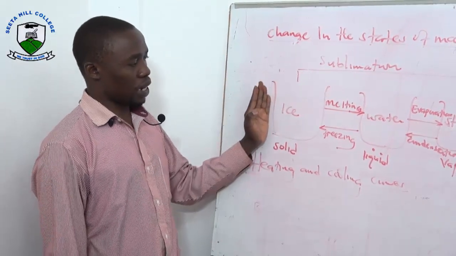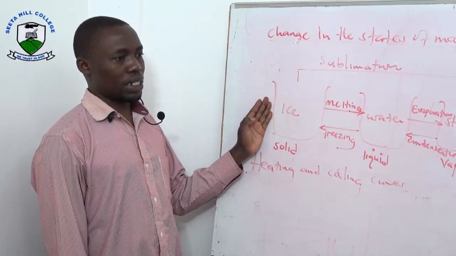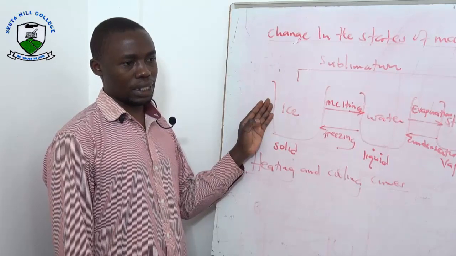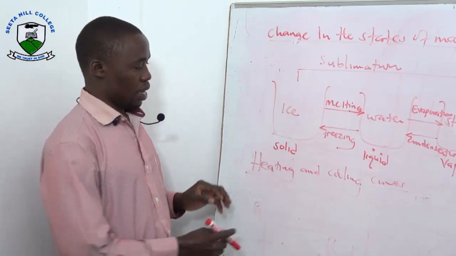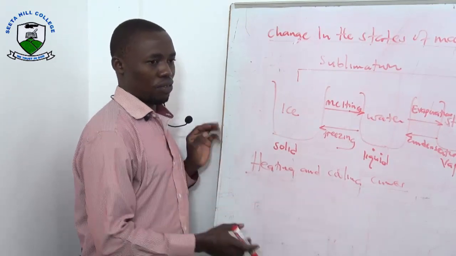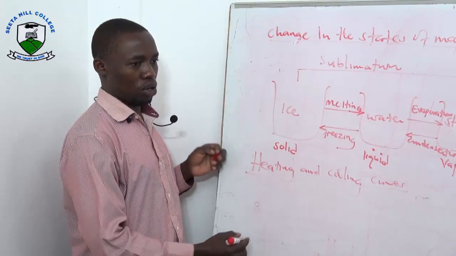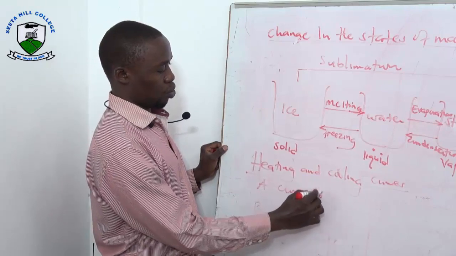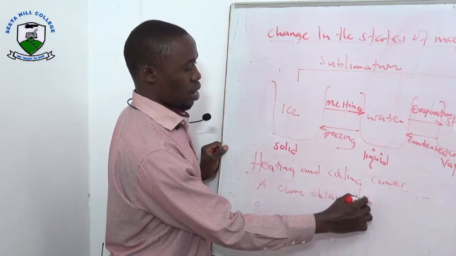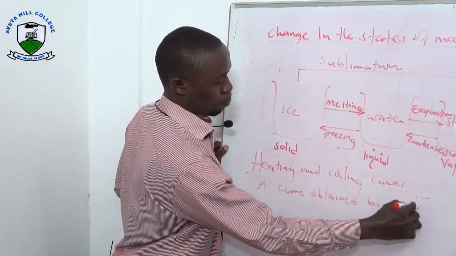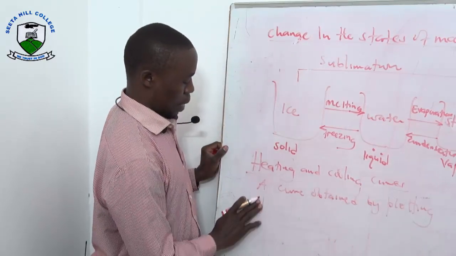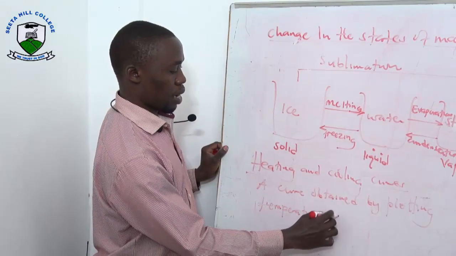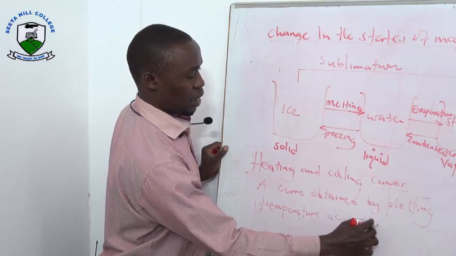Now when we are looking at these processes, the changes can be observed graphically. A heating and a cooling curve is just a graph, a curve obtained by plotting temperature against time.